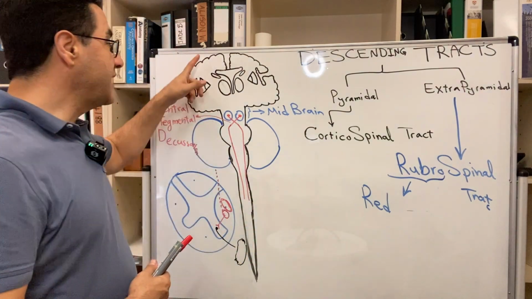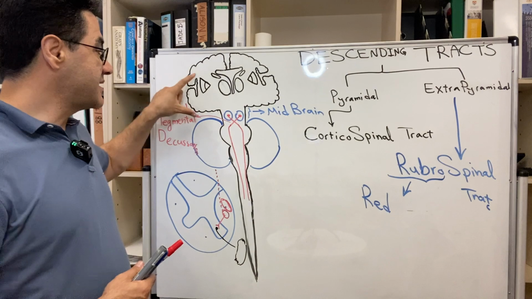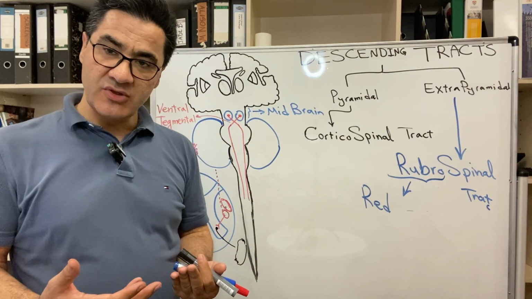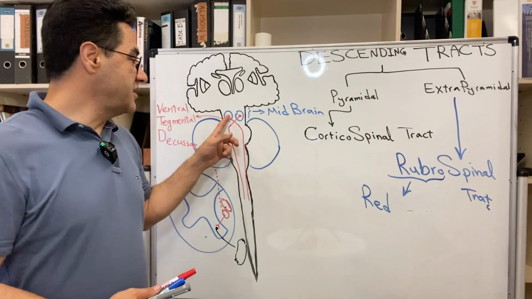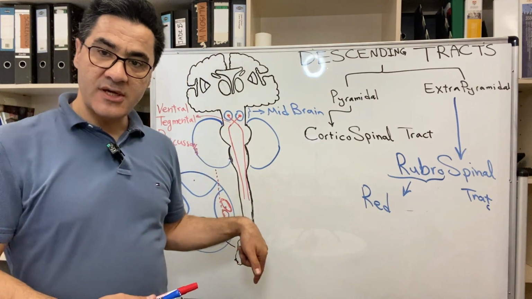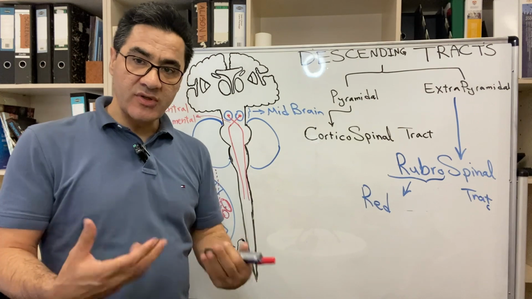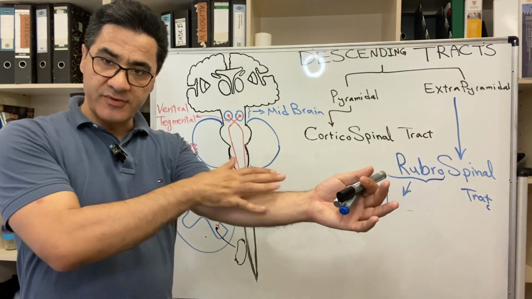They communicate with each other and send some fibers to the red nucleus and stimulate it. The red nucleus sends signals down to the spinal cord, which is known as the rubrospinal tract, and regulates the flexor muscles of the upper limb mainly.